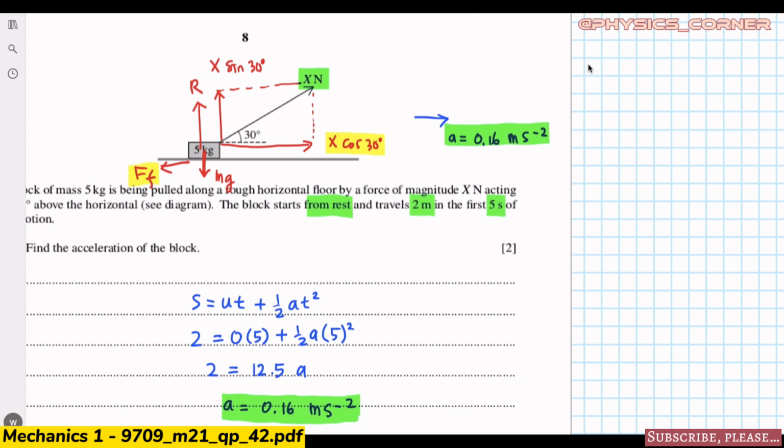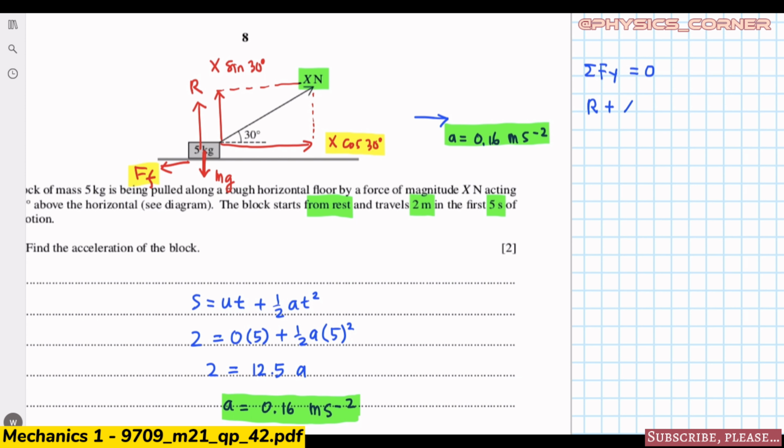In the y direction, the total force equals 0. On the positive side we have x sin 30 and R, on the negative side is mg. So R plus x sine 30 minus mg equals 0.